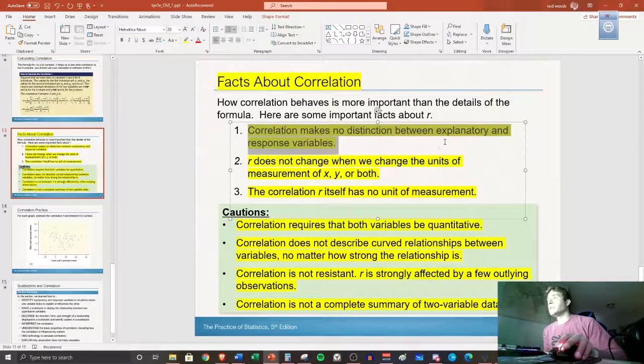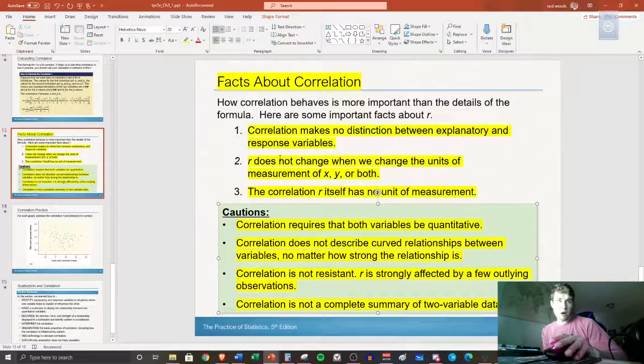Correlation makes no distinction between explanatory and response variable, okay? So something to keep in mind is that this R value, just because it's a very strong relationship, it's not the end all be all, right? It just means that there is a strong linear relationship, and that's really it. Okay, that's what this is for.